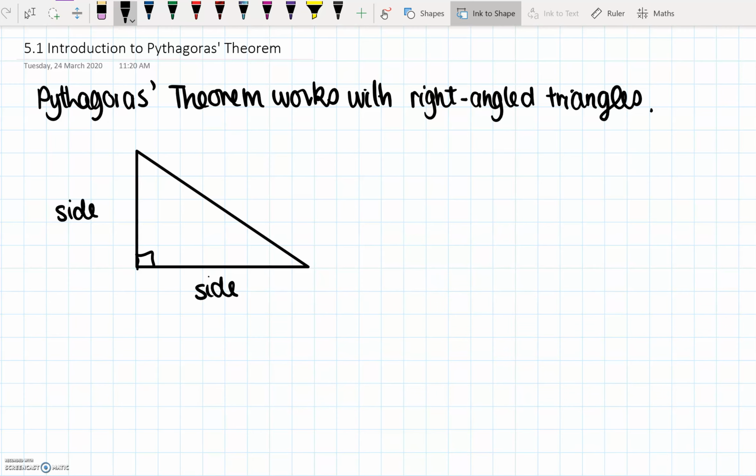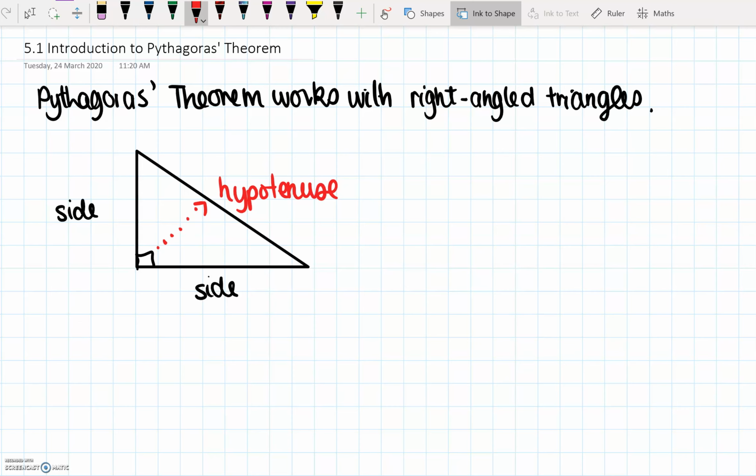Okay, we're just calling them sides. Now, this other side, the one that is opposite the right angle, okay, this has a special name. Okay, so we call this the hypotenuse.